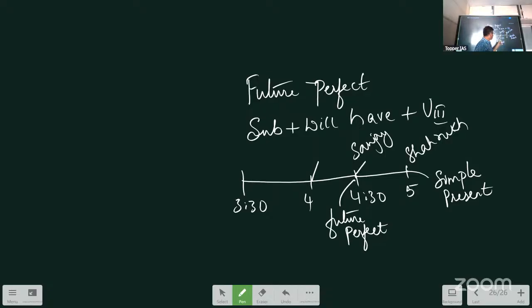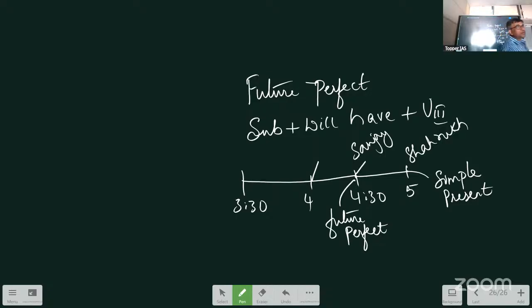If I say Sanjay will have reached home by the time Shahrukh will reach home, I have used will twice, which is not allowed in grammar. So what should you say? Sanjay will have reached home by the time Shahrukh reaches home. Why are we making it simple present? Because we are not allowed to use will twice.